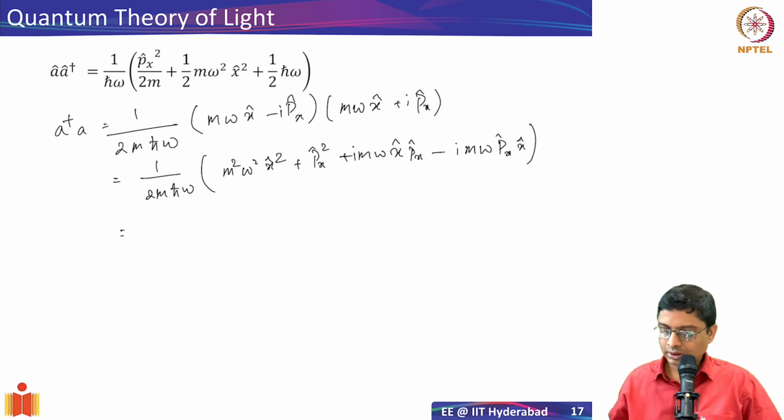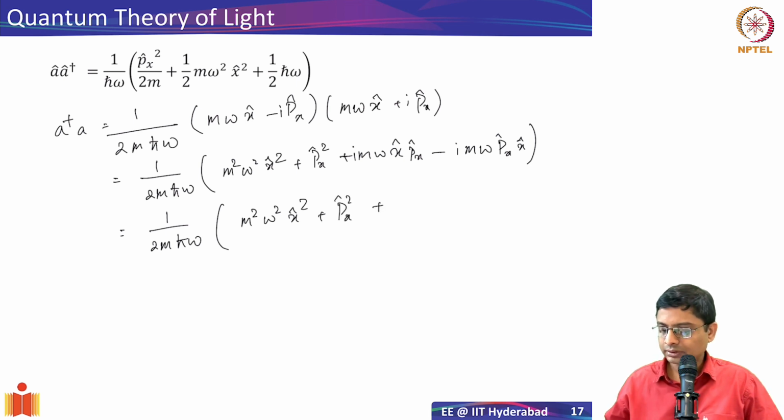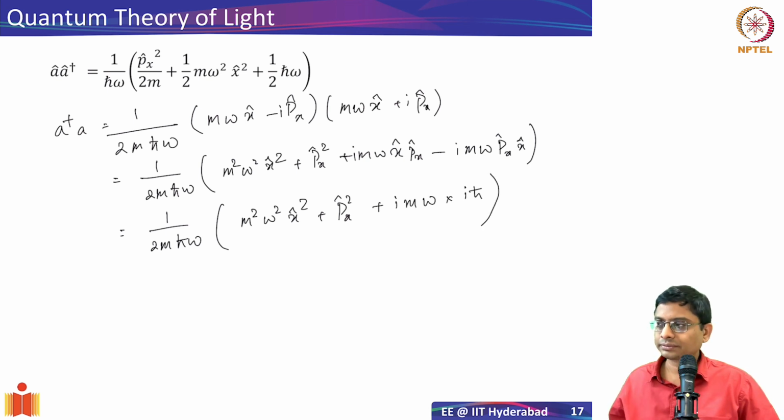If I do the same thing and take 2m inside, I get 1 by 2m h cross omega into m square omega square x cap square plus px square, plus i m omega into i h bar. Correct?